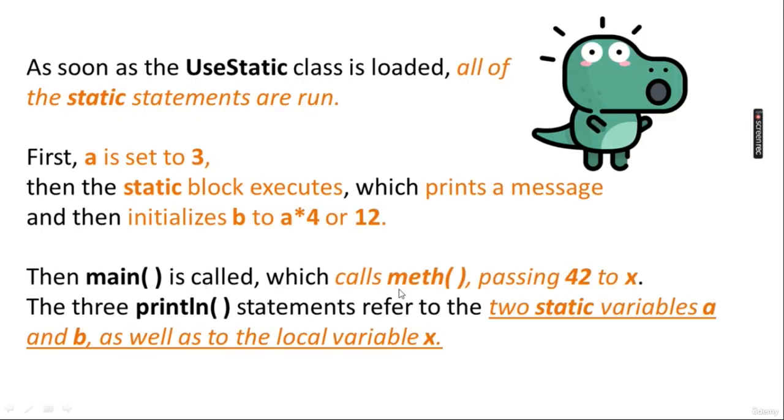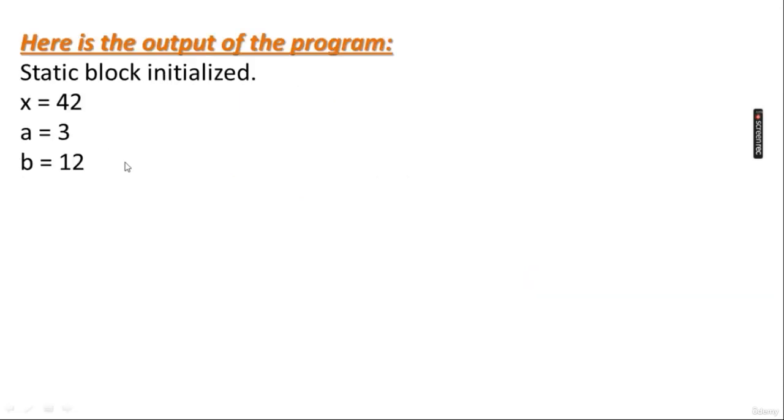When main is called, it calls the method, passing 42 to X. So X will be initialized to 42. The three println statements refer to the two static variables A and B, as well as the local variable X. So the output of this program is X is equal to 42, A is equal to 3, B is equal to 12.